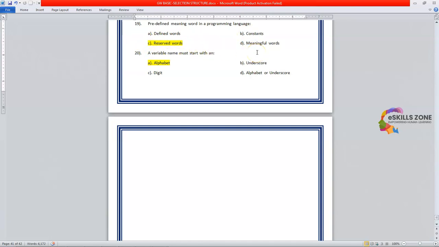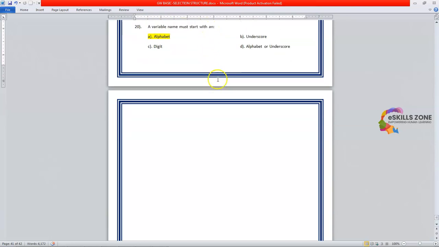Yes, viewers, predefined means the words which are already defined by the developer while developing the programming language, so they cannot be changed or modified, because once they are written they can only be used and they are already saved in the library files. So the right option is option C, reserved words, which are used for predefined words in a programming language.